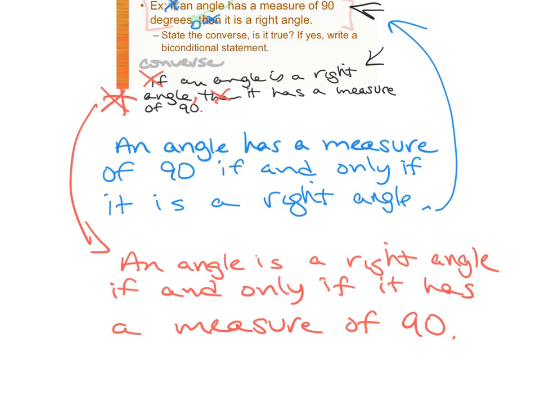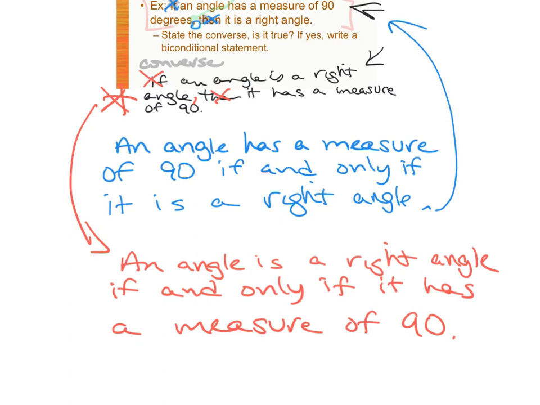That's it. That's how you write a biconditional statement. And again, you can choose to write it off of the original or the converse. But again, remember, the original statement must be true and the converse has to be true.